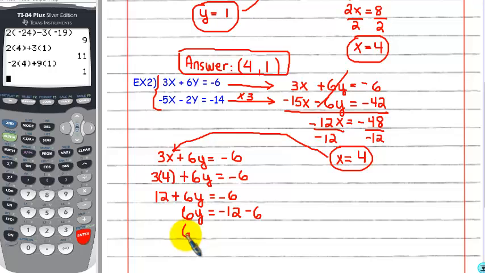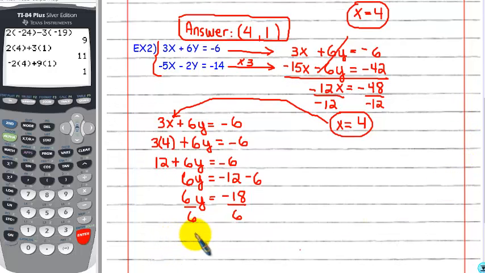And we're going to have 6y equals negative 18. And I'm going to divide that by 6. Let me scroll this down a little bit. Y equals negative 3.